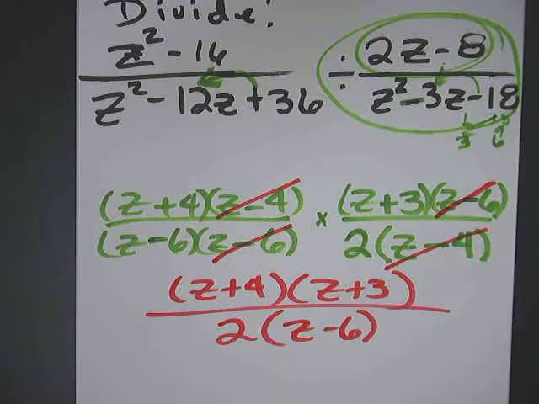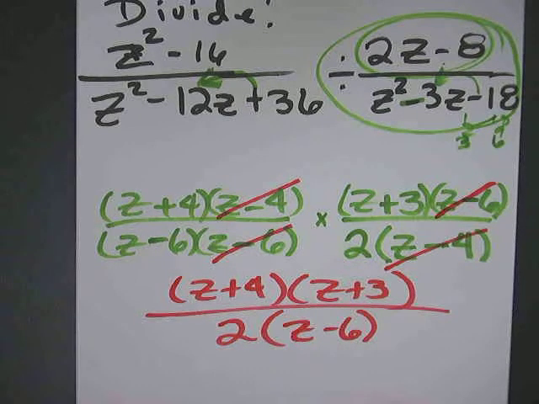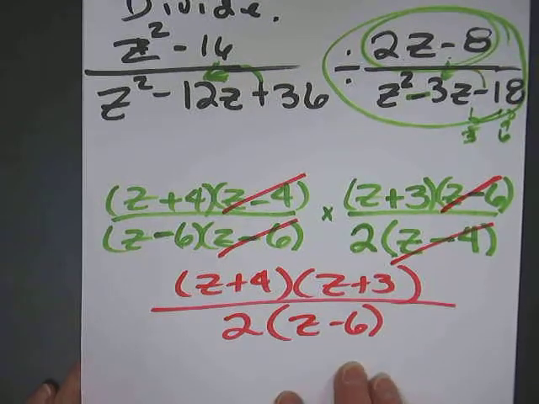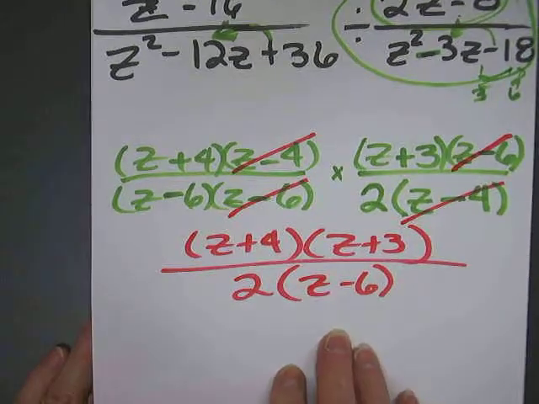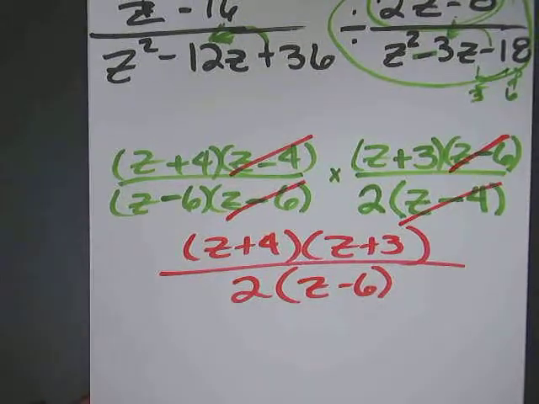Okay, so now we can do some canceling, right? Because it's multiplied, you can do any top, any bottom. What can we cancel? Z minus 6. Yeah, one of these, not both, either one, but not both. Next, Z minus 4. So on top we have Z plus 4, Z plus 3.